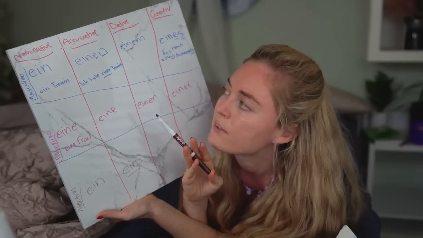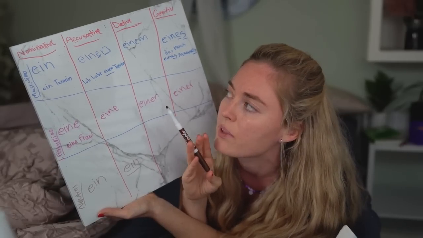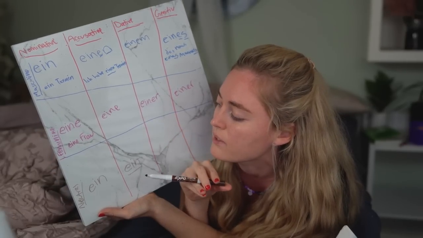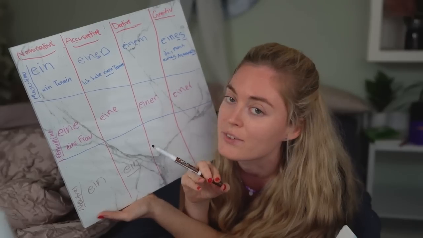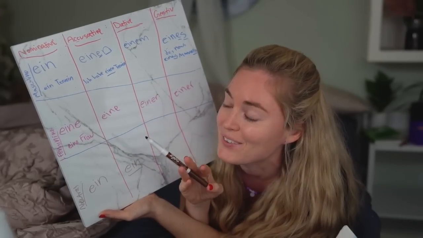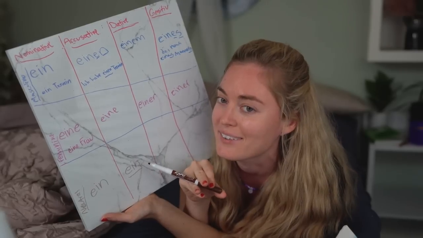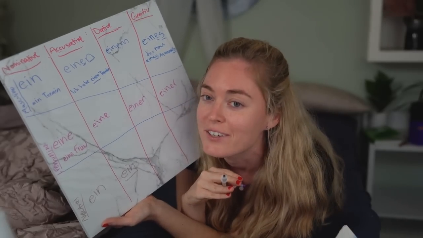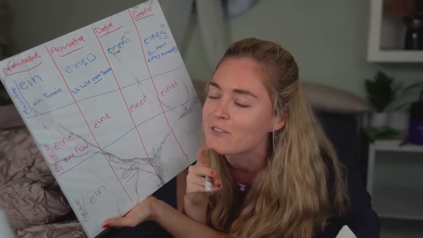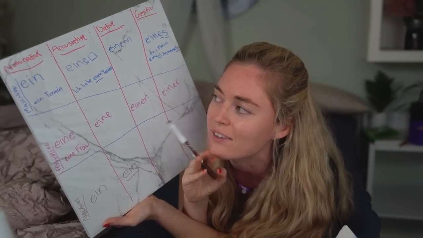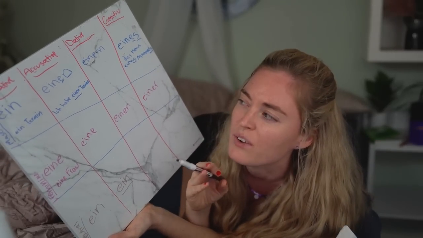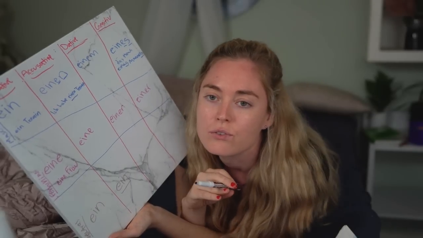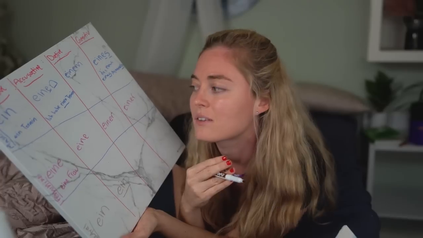Because masculine, you always add the en up there on the accusative, but not on neutral. So you really got to know your nouns if you want to get the correct ending, which is why you can tell we're foreigners, because our endings are always wrong. But I think Germans don't really notice, or maybe they do. As long as you can communicate, that's all you need.